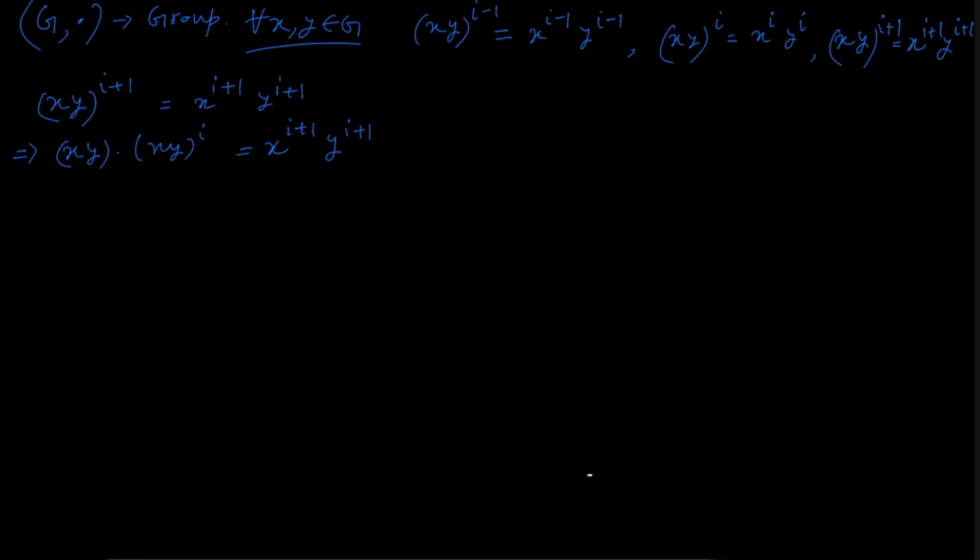Now if we apply the property for the integer i, we can rewrite this like xy · x^i y^i, and the right hand side as it was.